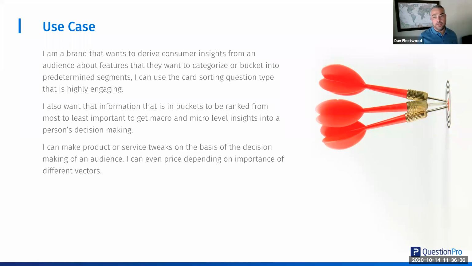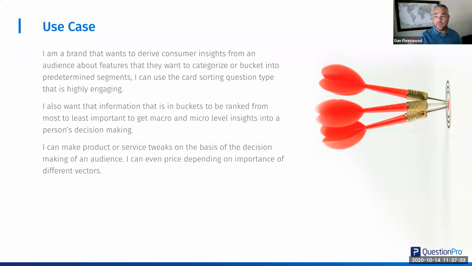This can be on a particular product, like what do you think should be included in the product, service tweaks based on the decision making of the audience, and can even inform price depending on those important vectors. So really getting into these are the different answer options. How do I want to categorize these? If you think about websites and what should go under each menu item, that's a typical use case for this.